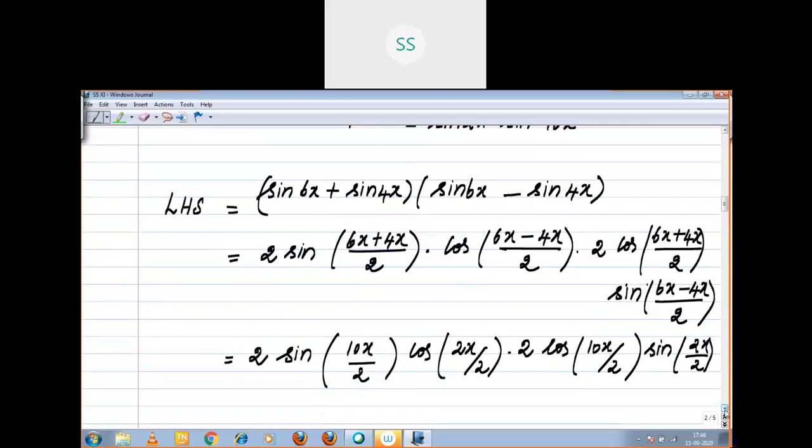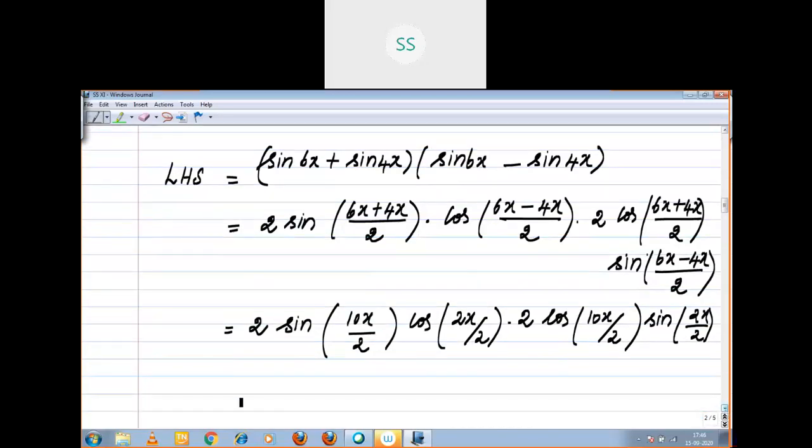Got it, children? You have to recall the identity, then only it is easy to solve. Which is equal to sin 5x cos x into 2 cos 5x sin x.